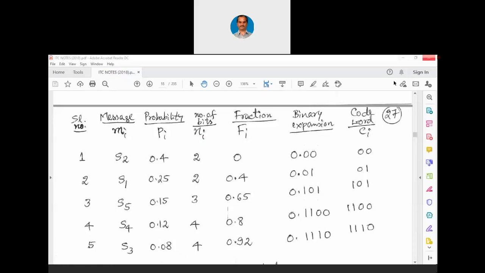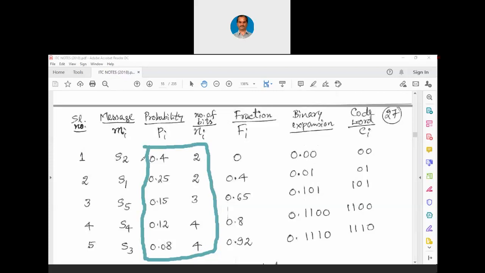Now recall this. Let me annotate this. Larger the probability, lesser is the information content. Lesser the probability, larger is the information content.